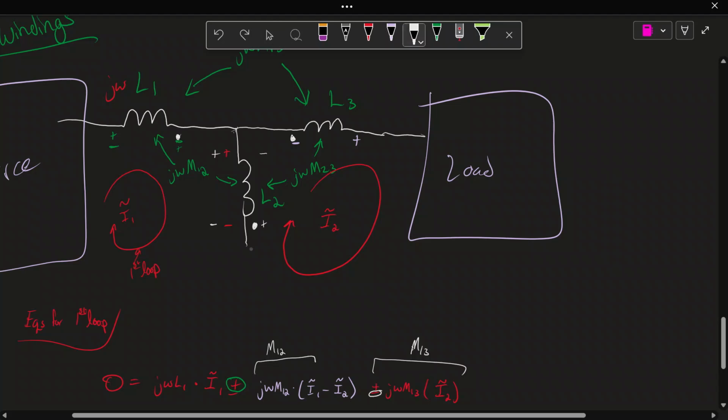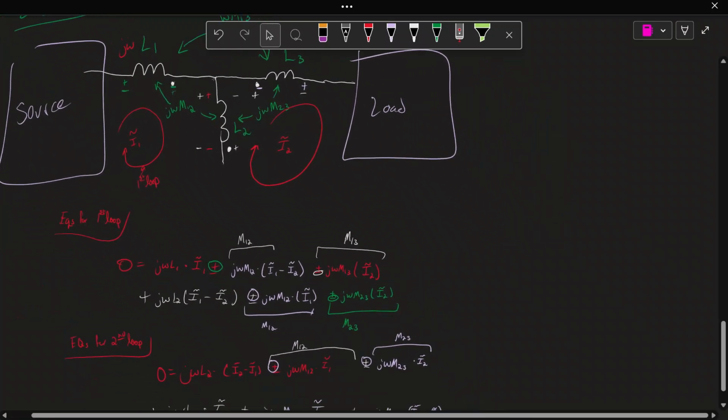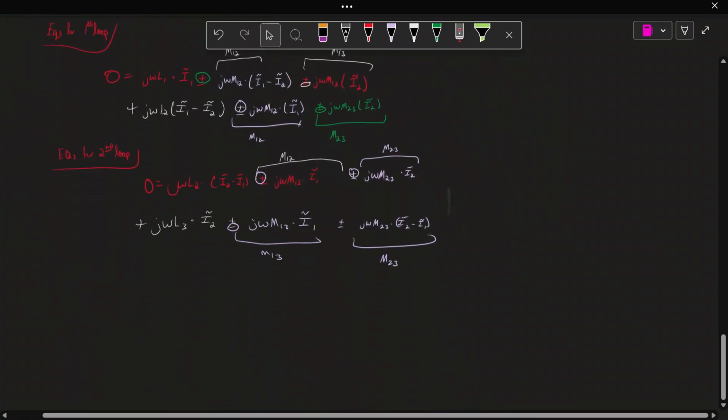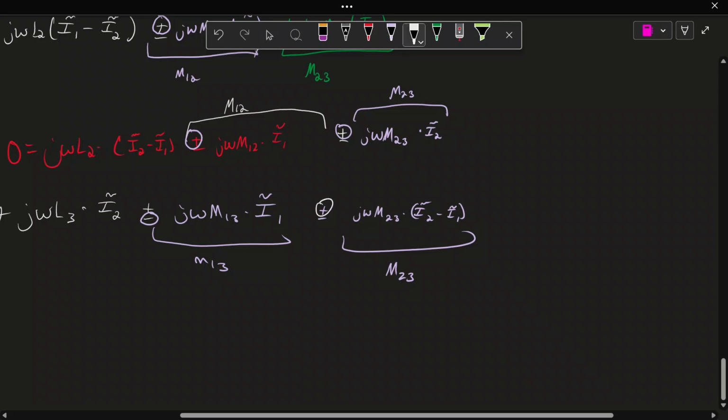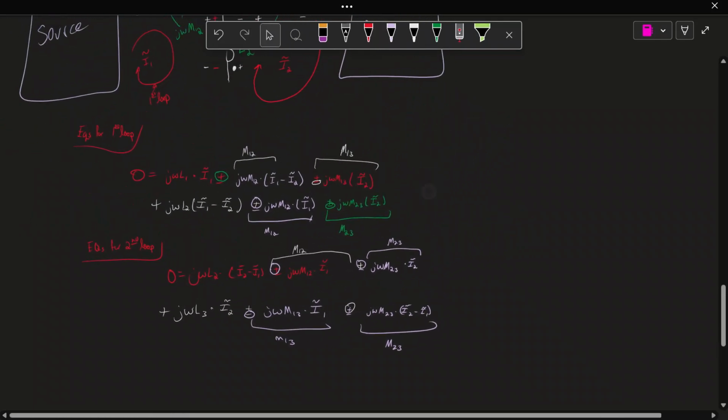I2 minus I1 hits the dot first, so there will be a positive at the dot of L3 and a negative at the undotted side of L3. I2 goes through the positive first, so it's going to be a positive M23. And there we go. We have our two equations, and we have our two unknowns.